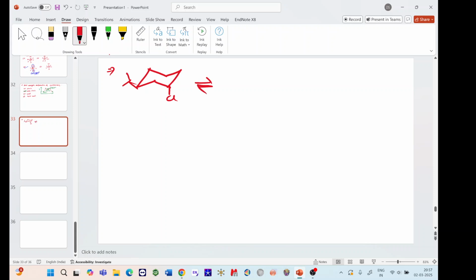When it flips, it goes to this conformer. So delta G is 6.4 kilojoule per mole.